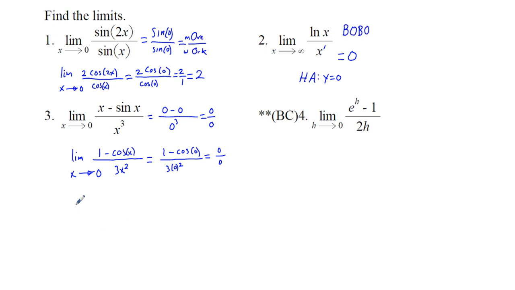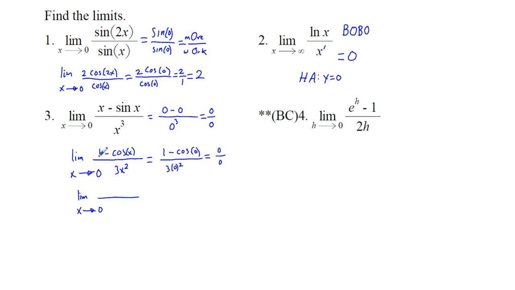Okay, let's try another differentiation. So we have the limit as x approaches 0 of what is now the second derivative of the numerator.